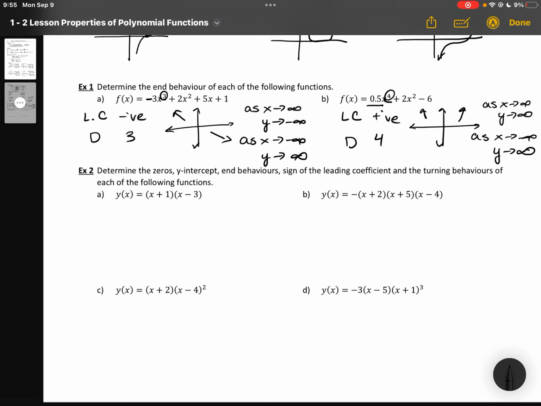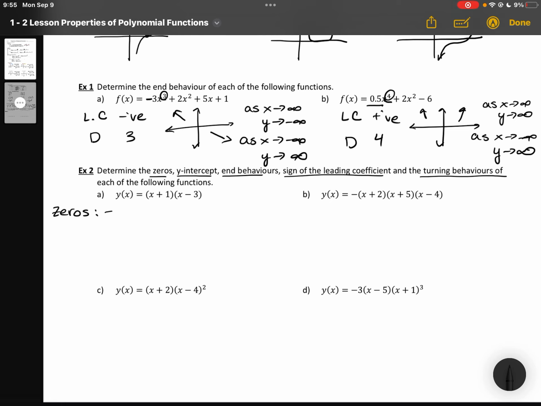So the last couple examples, we are going to determine the zeros, the y-intercept, the end behaviors, sign of the leading coefficient, and then the turning behaviors of the functions. So we'll start with these zeros. They're all in factored form, so those are pretty easy to pick out. Those are just like finding the vertex or the zeros of a quadratic.